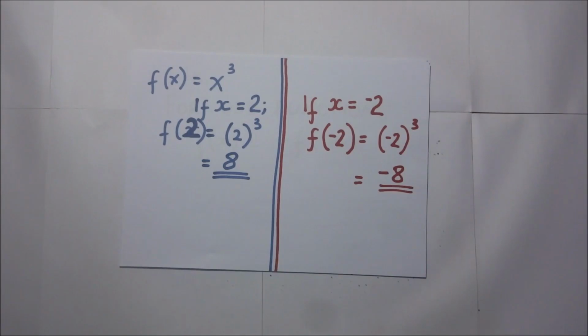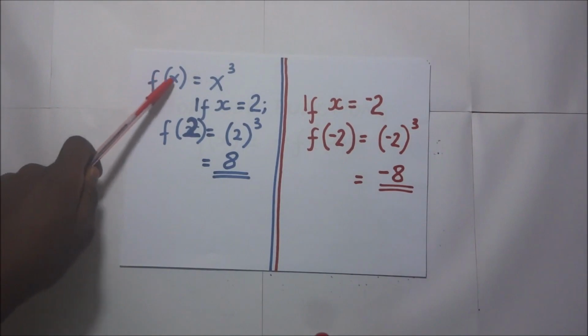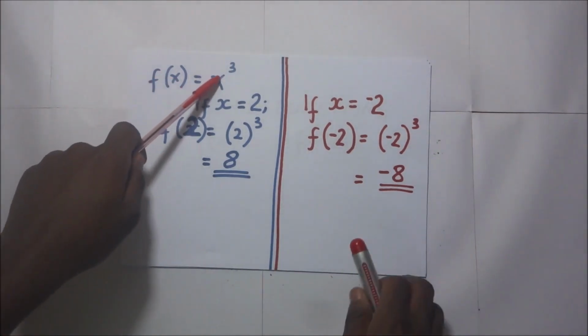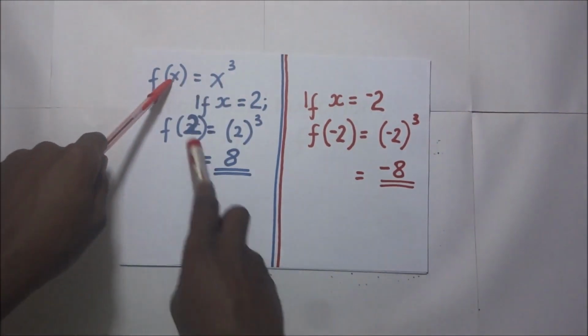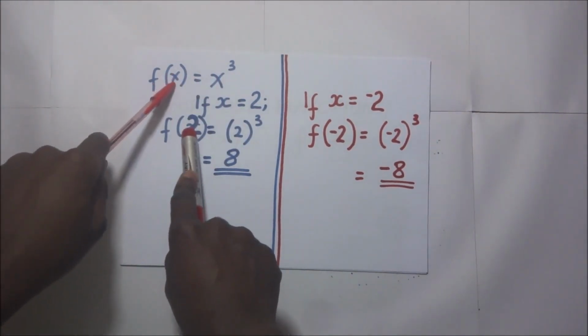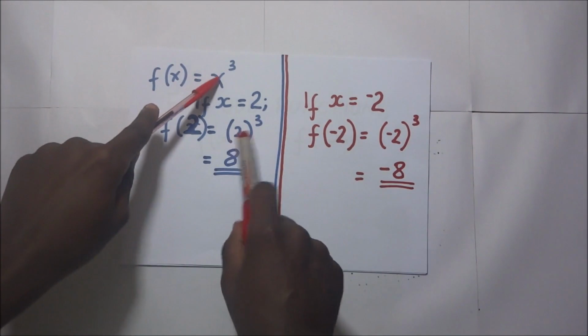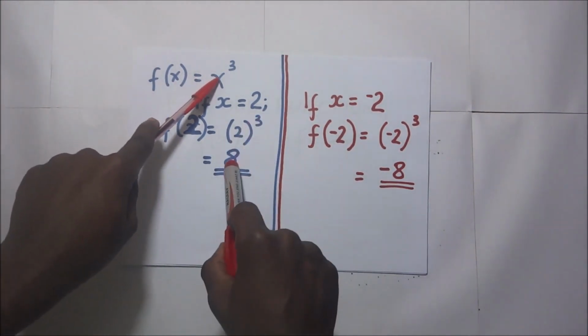Now, when it comes to odd functions, it's a bit different: instead, a negative value is going to be returned when we change the sign of the input. Let's take a look. We have the function f of x given by x to the power 3. So let's make x equal to 2. When the input value is 2, we get 2 to the power 3, giving us 8.